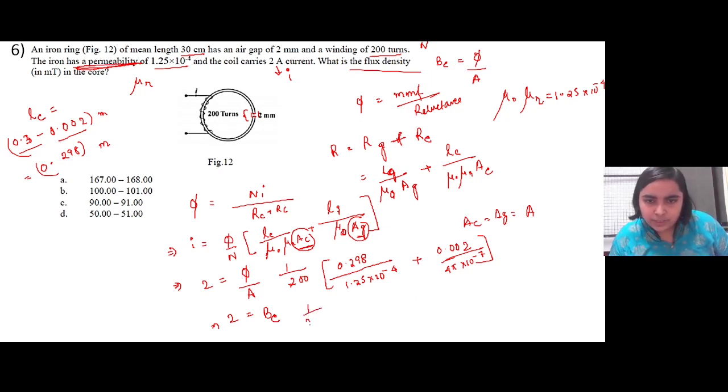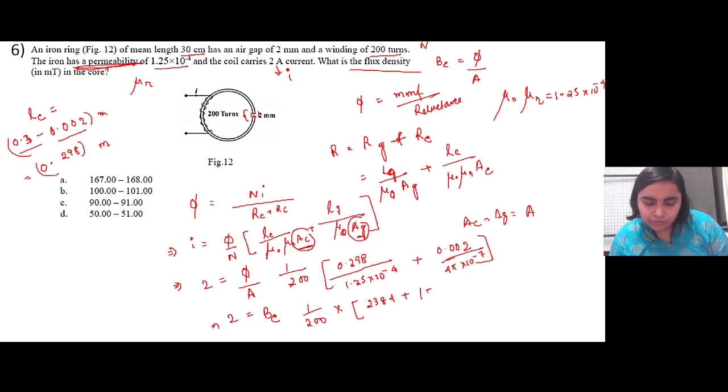So it is 1 by 200 into, let us calculate this part, 0.298 by 1.25 into 10 to the power minus 4, which is 2384, plus 0.002 divided by 4 into pi into 10 to the power minus 7.